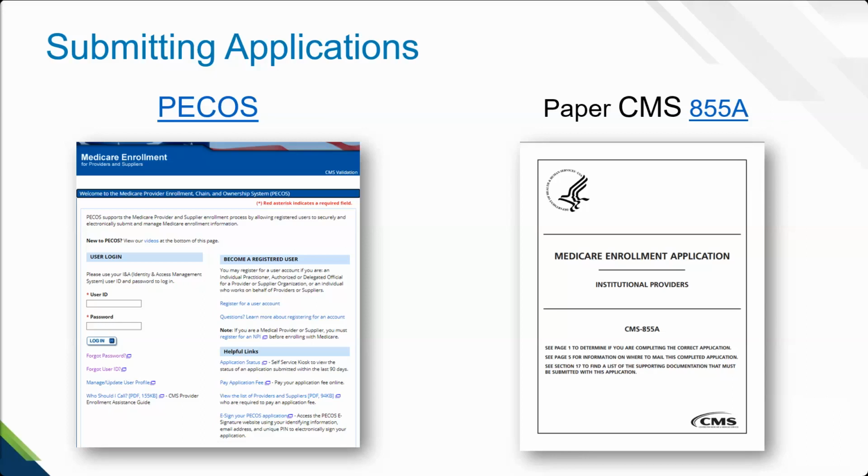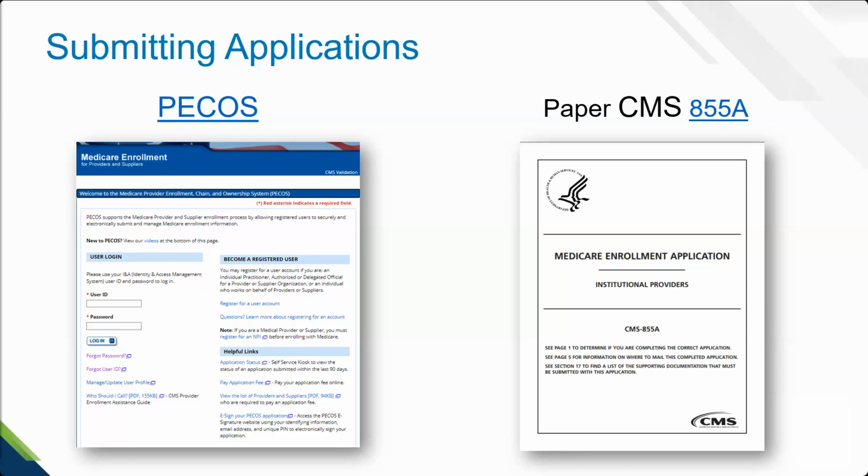You can fill it out, you can see it, you will get status updates through the system. Once the enrollment is built in the system, you can see that information. It's a little easier to monitor things. And after you've been established, you start talking about needing to do changes or revalidation. It's much simpler to do that in PECOS because all of the information is there.